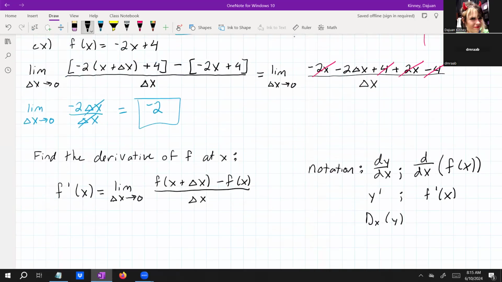So what we've done, which I believe I said multiple times, is finding the derivative. So our common notation for that is we get dy over dx, which is change in y over change in x. We can write d over dx of f of x. We get y prime, f prime, the little dot or apostrophe means prime, or d over dx parentheses y. Common notations.